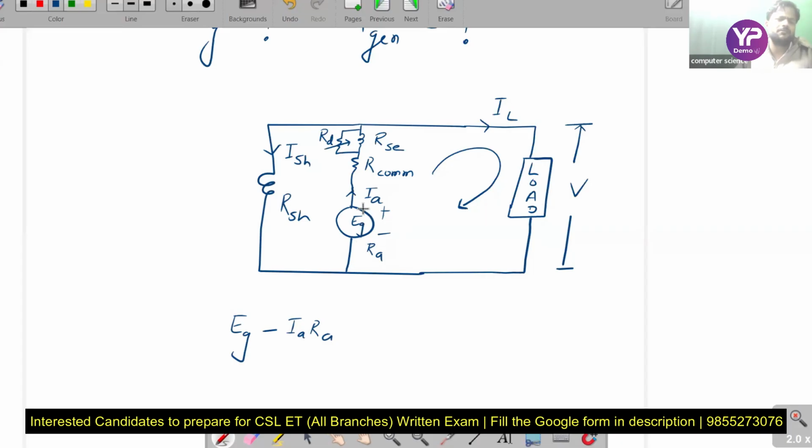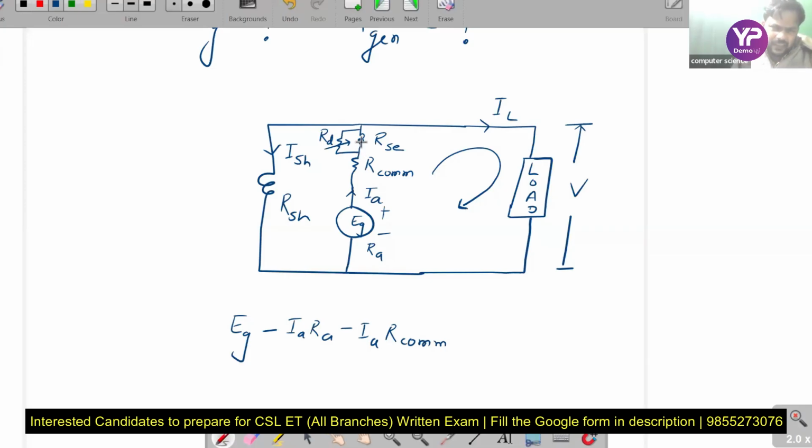So EG minus IARA minus IA R commutating, because the commutating resistance is connected in series with the armature, so armature current is also flowing through the commutating field winding resistance.